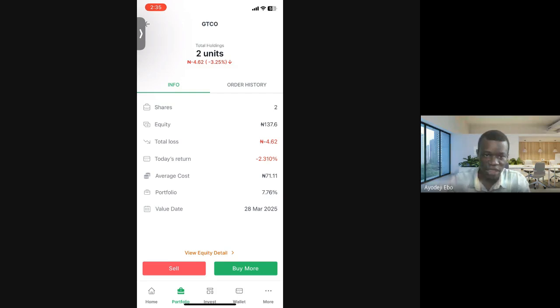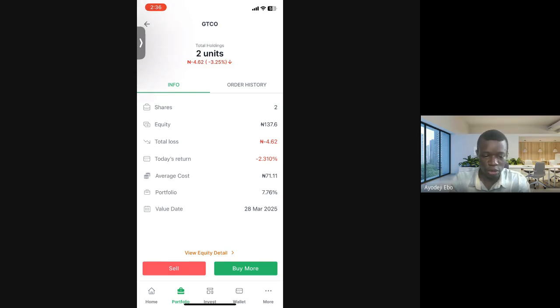For any investment app, people must be able to know whether they are gaining or not. That's really very key. So that feature is always part of what comes with an investment app. I don't know if this is very clear.